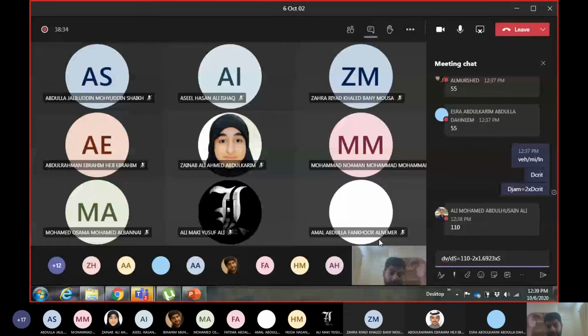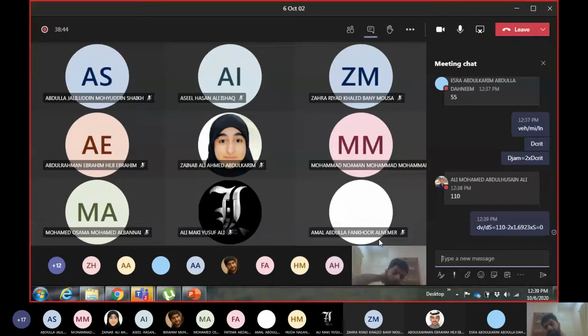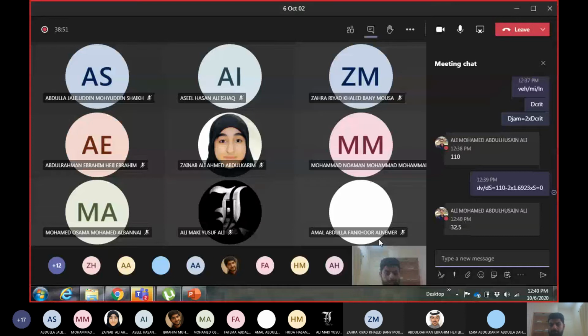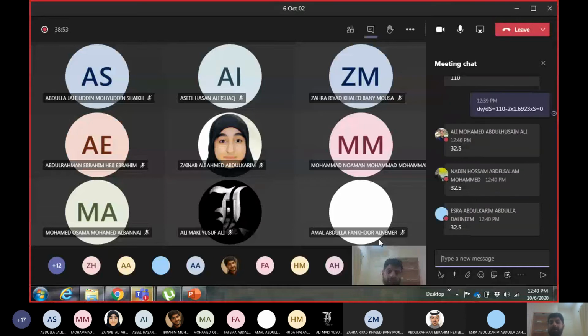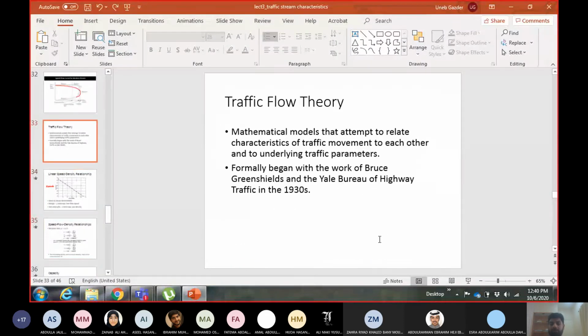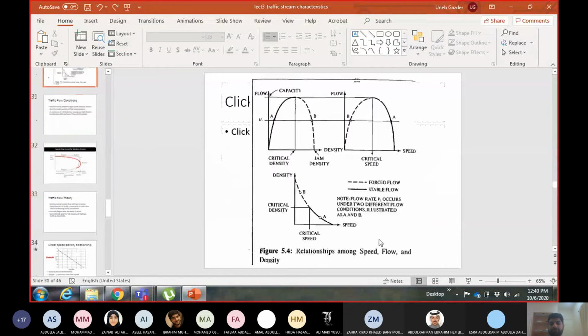Since I'm at capacity, the slope equals 0, so this is the slope after the derivative and I put it equal to 0. So how much is s now? How much is s? 32.5.